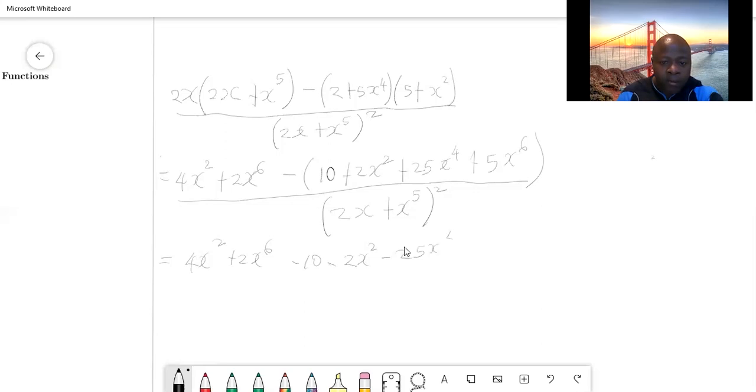So you should be very keen with the signs here: negative 10, negative 2x squared, negative 25x raised to 4, and then negative 5x raised to 6, over the denominator squared.